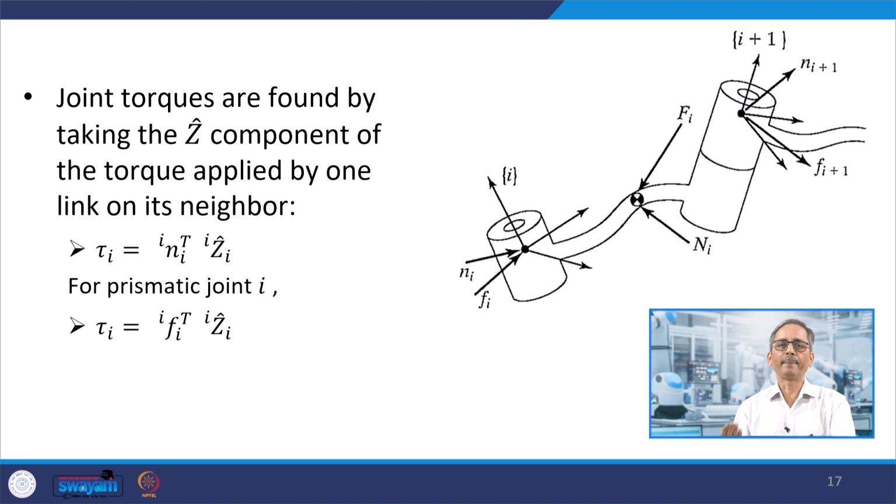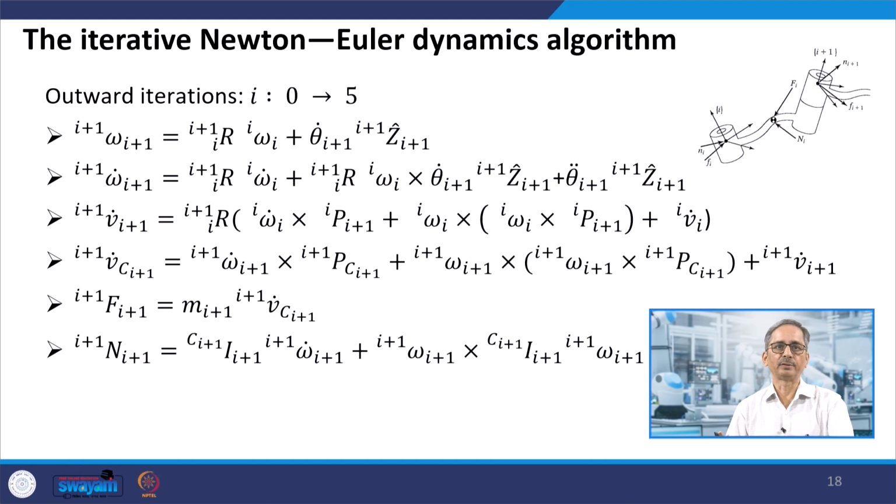So, naturally the torque by the motor has to be about the z axis. So, I take the transpose of that and multiply it with the unit vector and I pick up the z component. This is for the revolute joint, and if it is a prismatic joint I can pick up that force. So, this way I can do that.